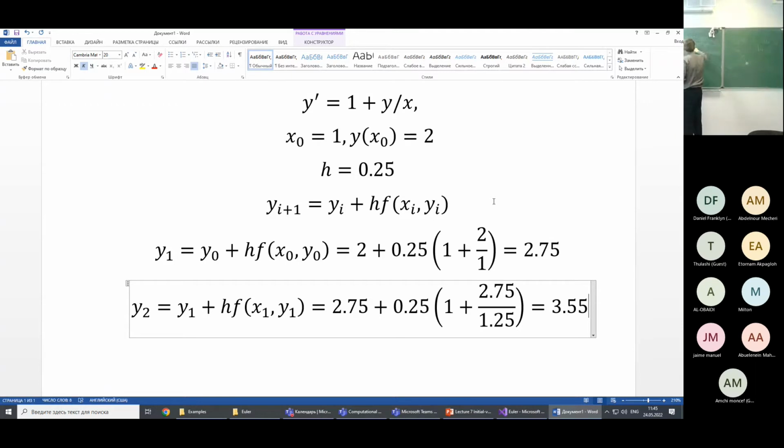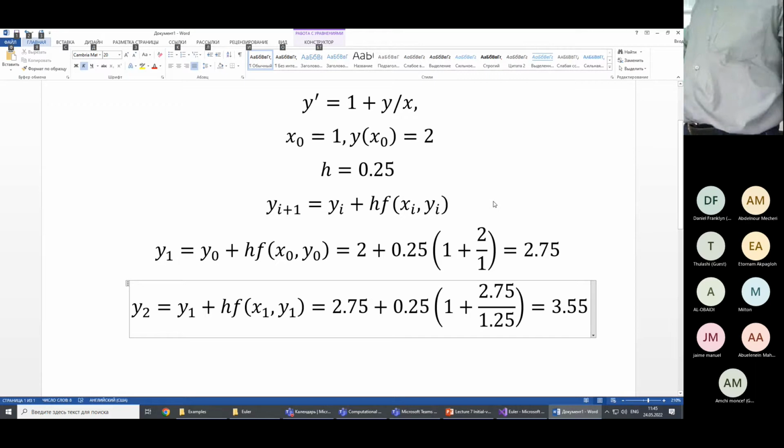If you know x1, y1, you can compute x2, y2, and so on. And after that, you can build a table of the values. Okay, but pay your attention that these values are not the real values of the function, the solution. It's some approximation.